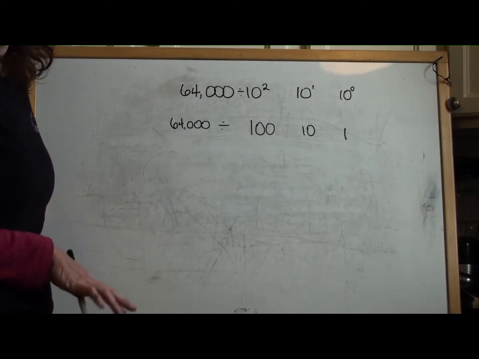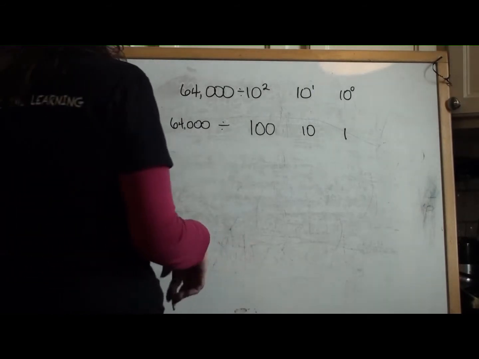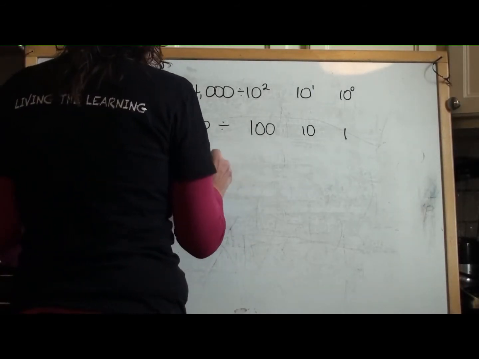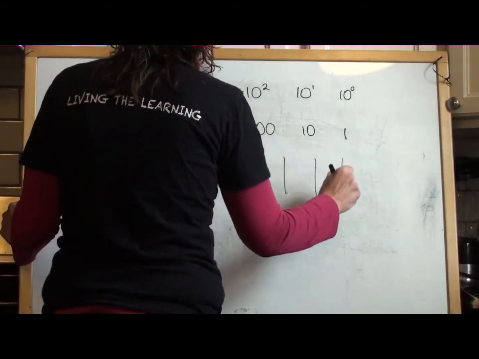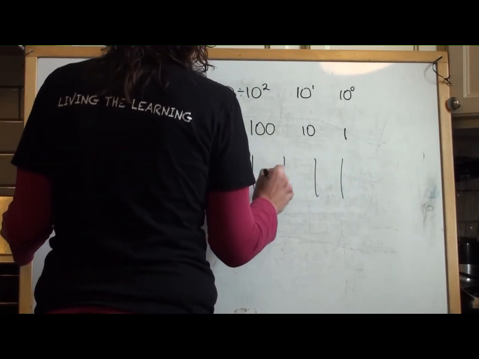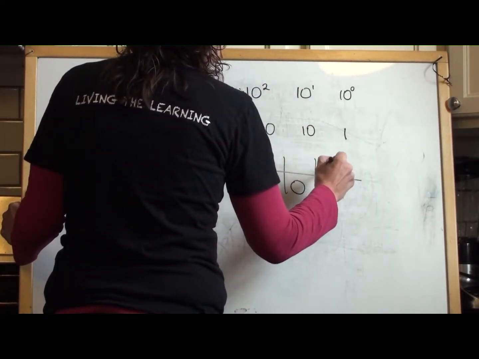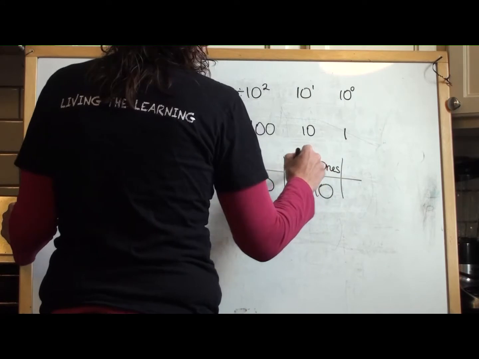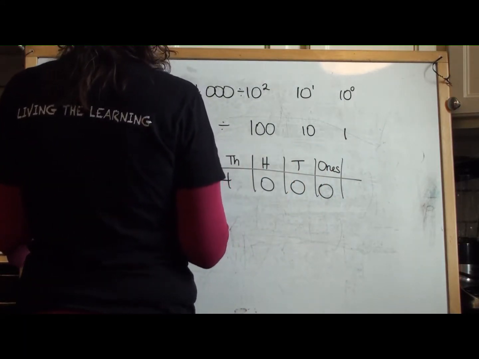Okay, I'm going to show you the strategy I was taught in middle school. Okay, I can do this in a place. Actually, I'm going to do it in a place value chart first. Okay, so this is my ones, my tens, my hundreds, my thousands. Whoops, did I miss something?